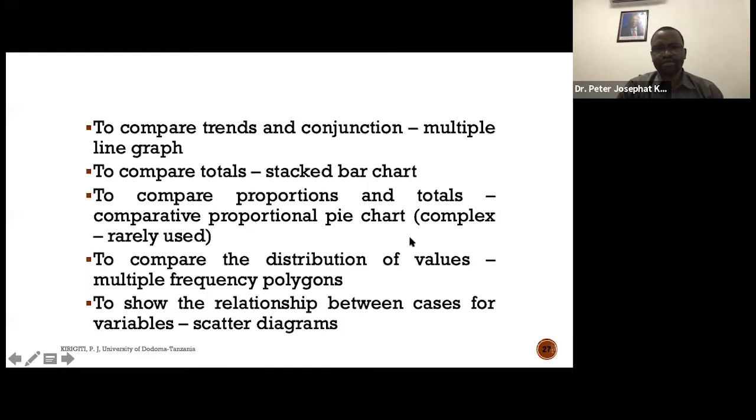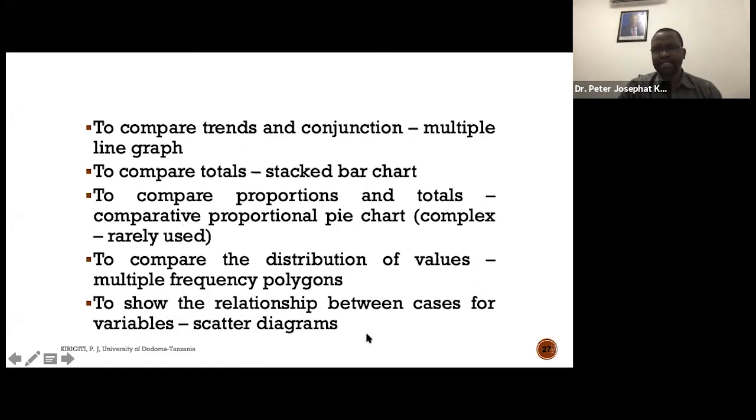For instance, you wanted to compare the trends. You'll go for maybe the multiple line graph. Consider you want to compare the proportion. You can go for the comparative proportional pie chart, though it is complex and rarely used. Of course, this is rarely used. What about if, for instance, you want to establish the relationship?